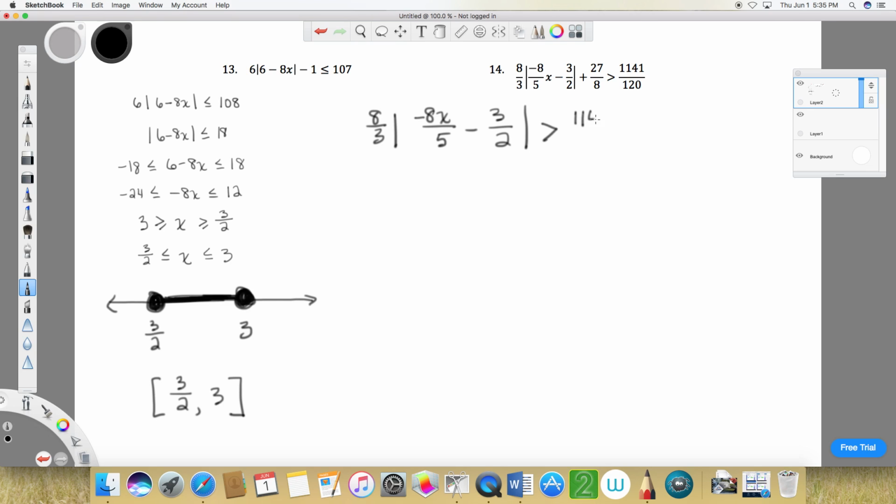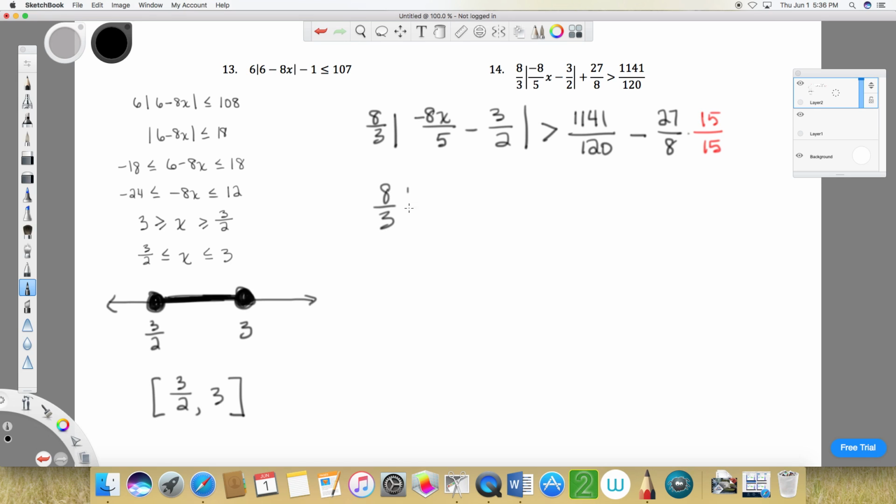I have subtraction here of these two fractions, but I'm not going to be able to do this subtraction until I get a common denominator. So I'm going to use 120 as a common denominator. It's 27 over 8. I'm going to multiply it by the number 1, but I'm going to be clever in how I write the number 1 so that I get a common denominator.